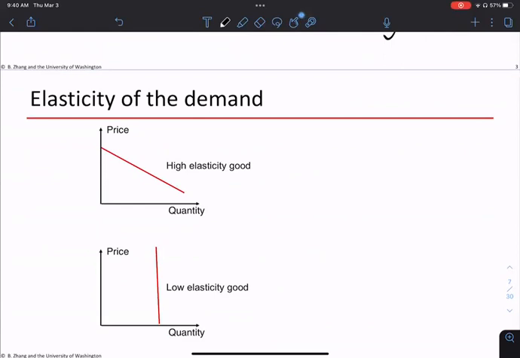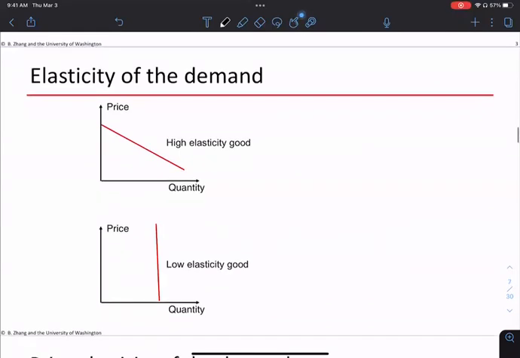Which one of these do you think describes electricity or power? Power is the bottom one, because you have a certain amount you want, and you really want that amount regardless of the price. You're unwilling to deviate very much from the quantity you want. So this is almost vertical, meaning I have a quantity and I don't really worry about the price.